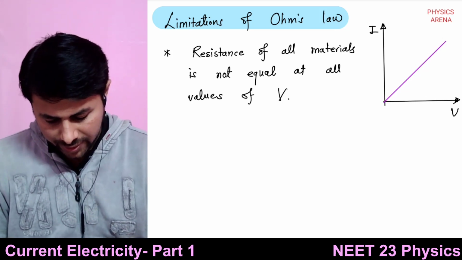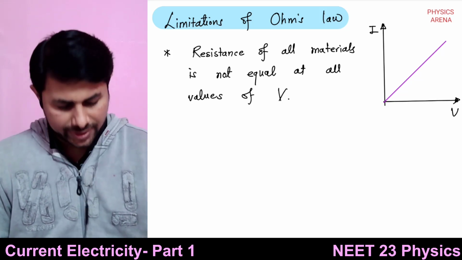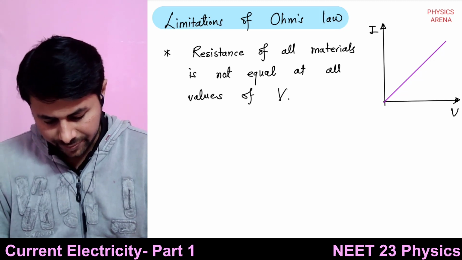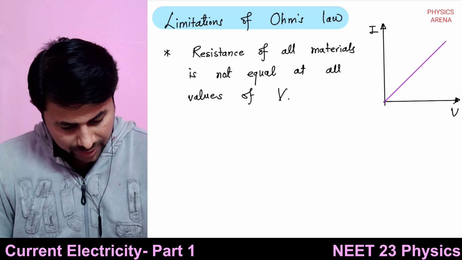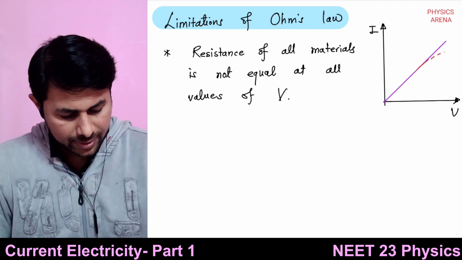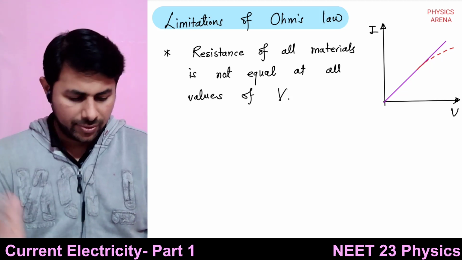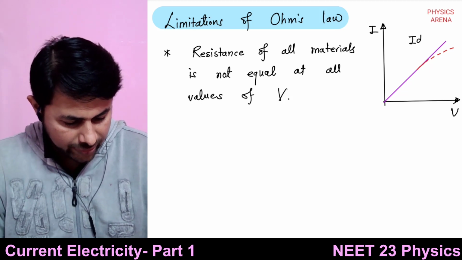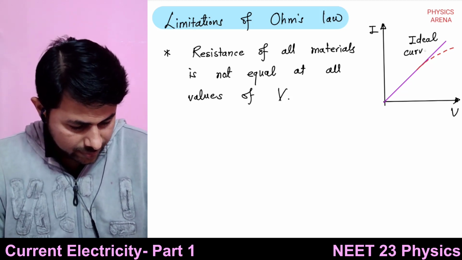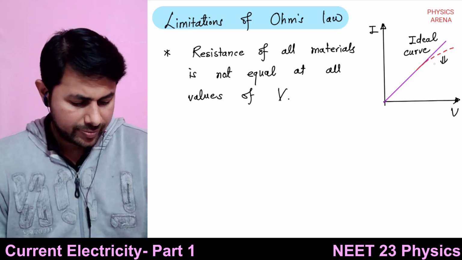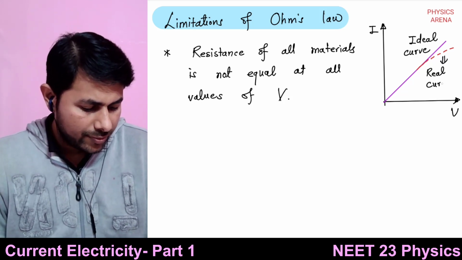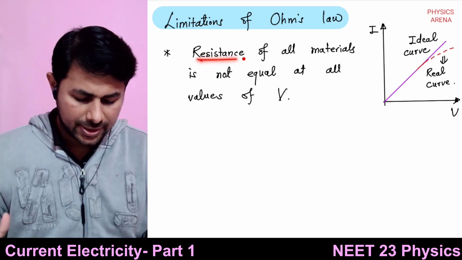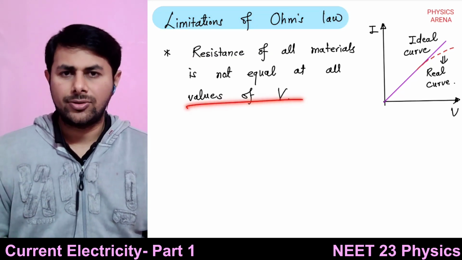Most of the materials will show a graph that is fairly constant up to some potential, and then it will start to deviate like this, towards the voltage axis. So this is the expected, ideal curve, which is a straight line, and this is the real curve for most of the materials. So the resistance doesn't remain constant at all values of V.